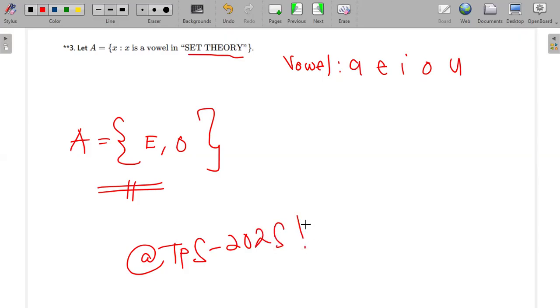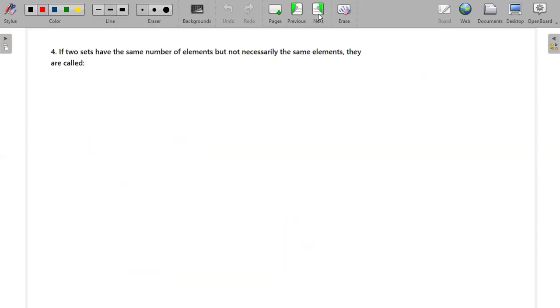Okay, so we move to question 4. Question 4, they're saying, if two sets have the same number of elements, but not necessarily the same elements, they are called, okay? This one is very easy. They are called equivalent sets.